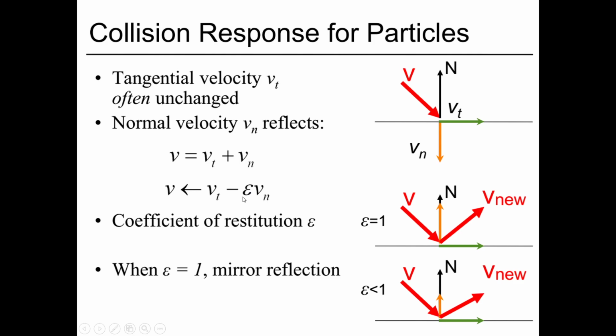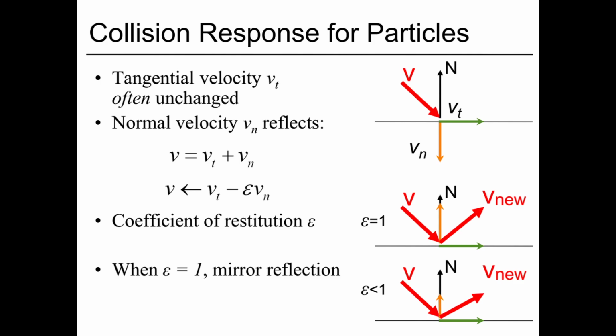The coefficient of restitution acts as a weighted sum of vn and vt. vt is always weighted by 1 because this will not change, but how much of vn is being used to provide the opposite velocity is going to be determined by epsilon.